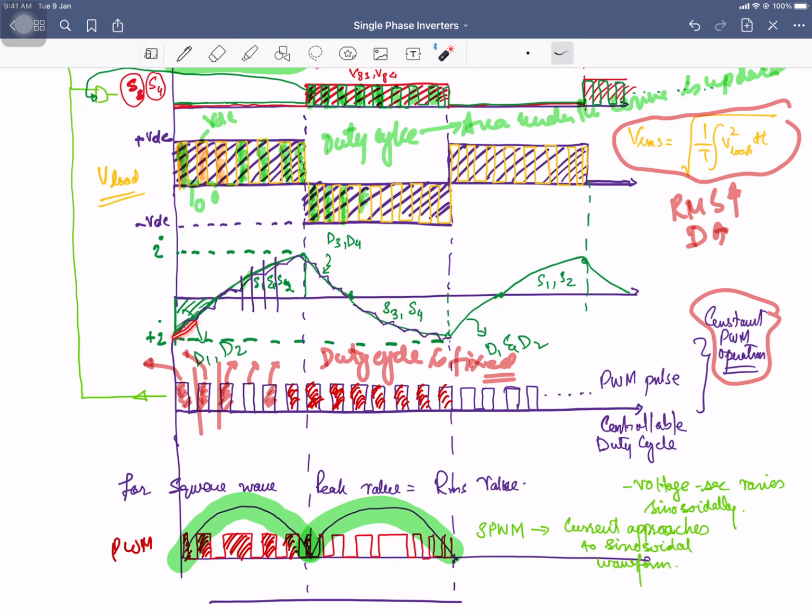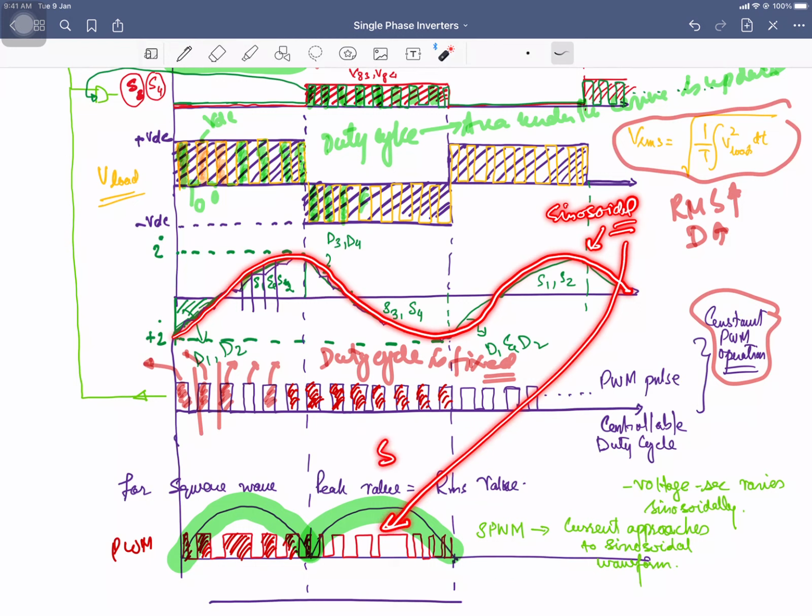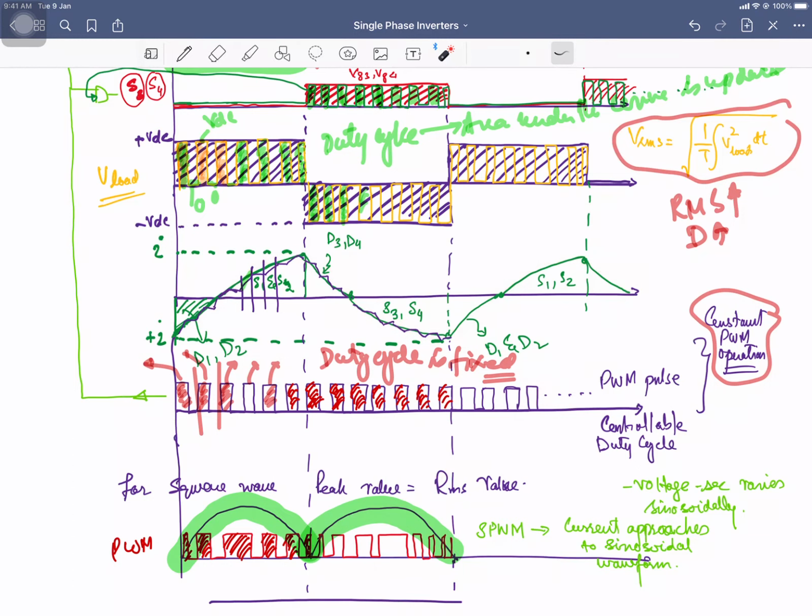So your current will be improved and finally will approach the sinusoidal signal if you apply the sine PWM, meaning the varying width signal, where the width of the pulses is changing according to the magnitude of the sine wave. That's why we are calling it the sine PWM.